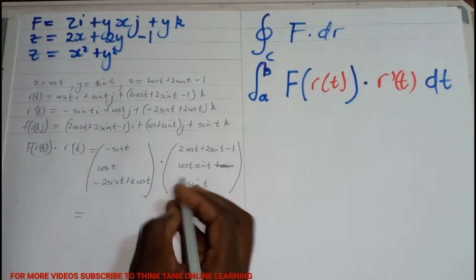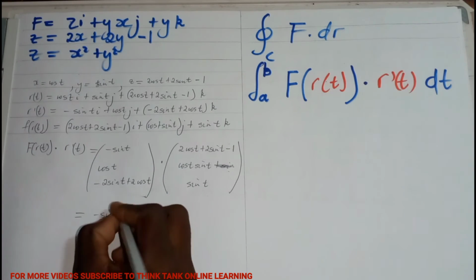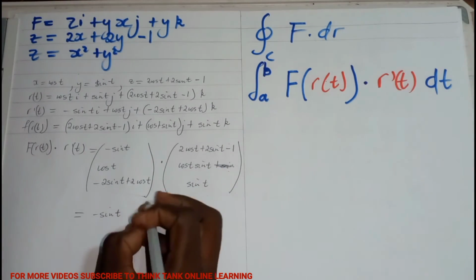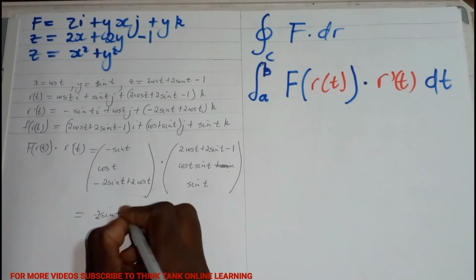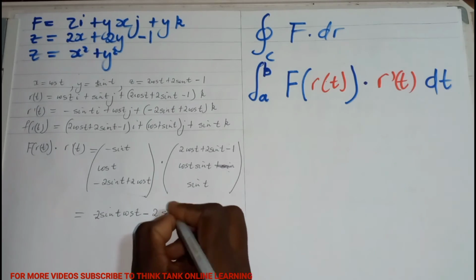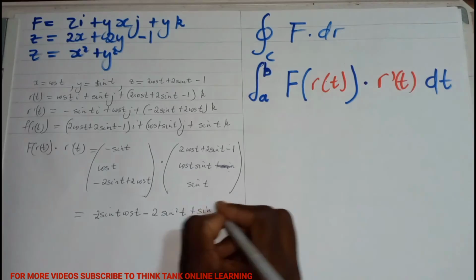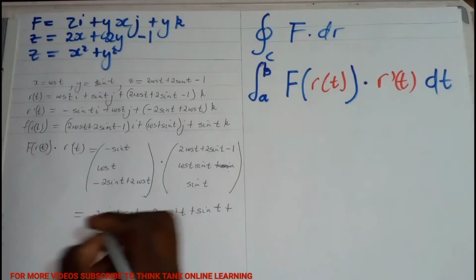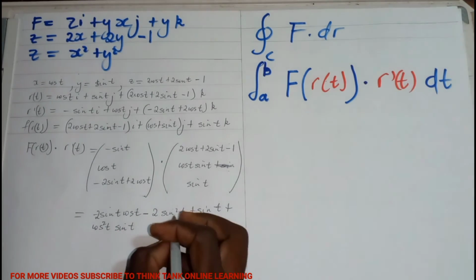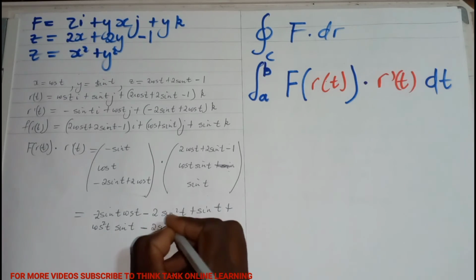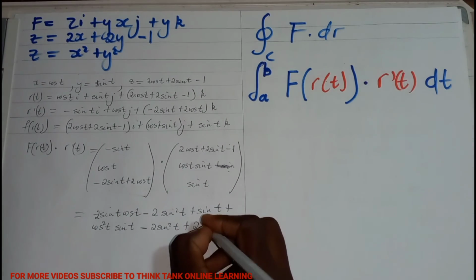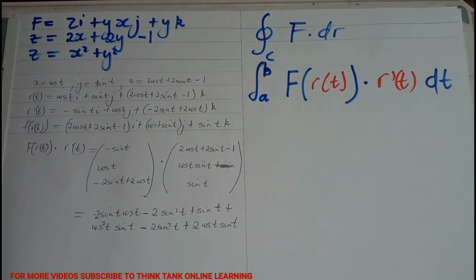So what is going to be the dot product? It is going to be negative sin t times 2 cos t, so negative 2 sin t cos t, then minus 2 sin squared t plus sin t, plus cos t cos squared t sin t, negative 2 sin squared t plus 2 cos t sin t.